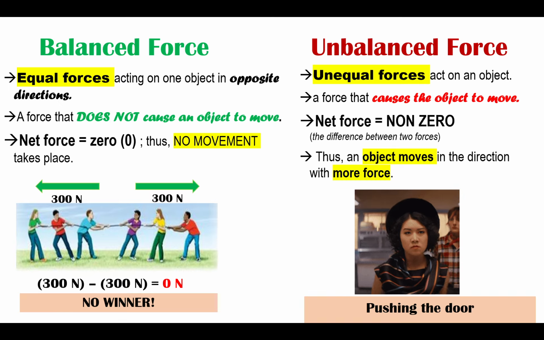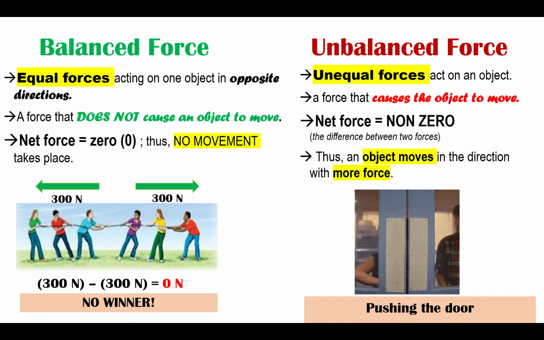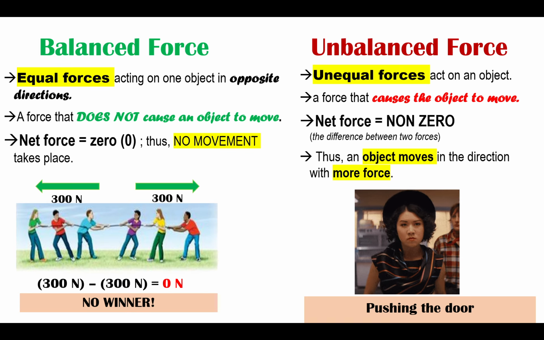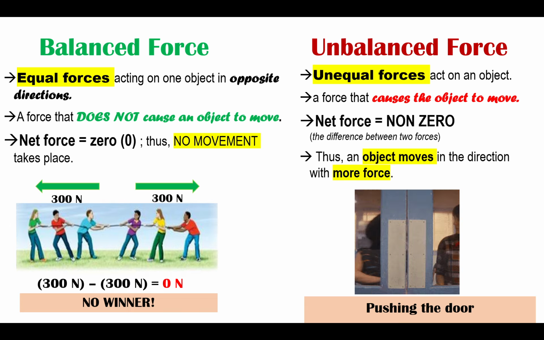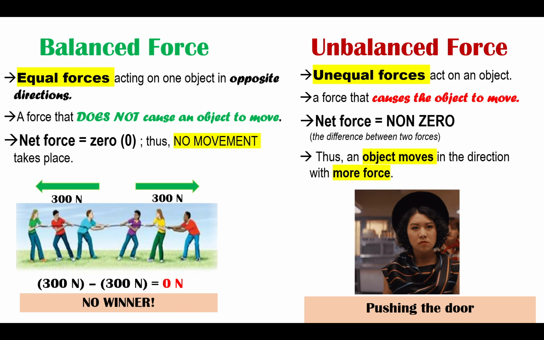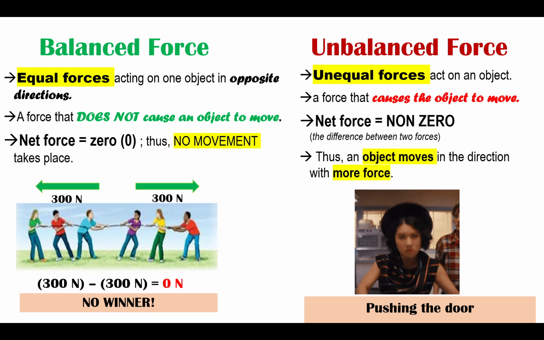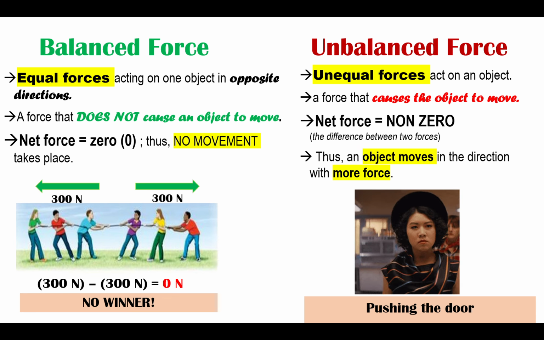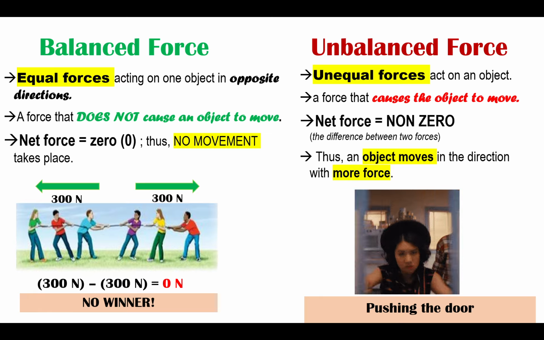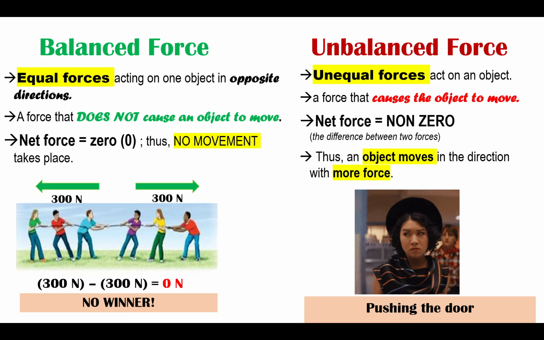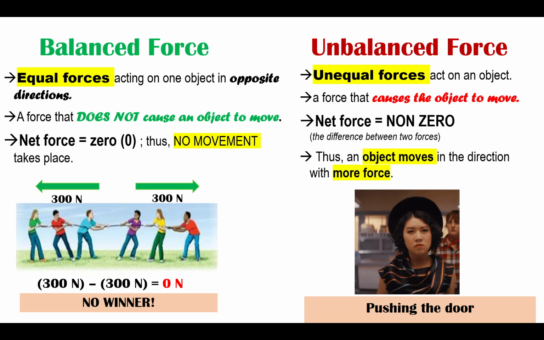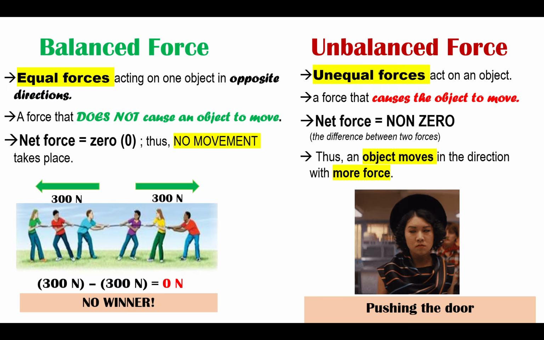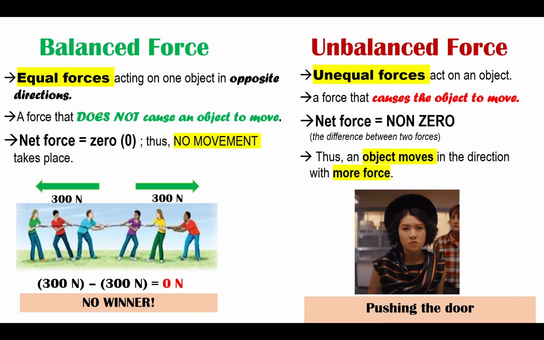The door offers resistance, but your push is stronger than the door's resistance, meaning your force is greater than the force applied by that door. So the net force here would not be equal to zero because the forces are unequal. And that's the reason why the door will be pushed forward and it will move.